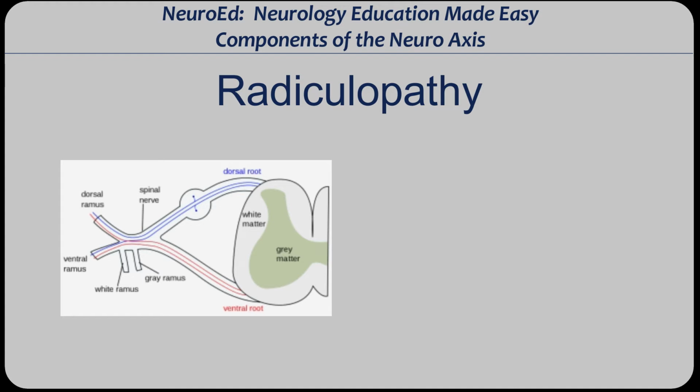Not one, but 4. You have right dorsal and ventral, and you have left dorsal and ventral. This is a concept that almost 100% of students don't appreciate until we go through this discussion. So please spend a moment, learn that anatomy, extremely important, and then let's continue onwards with radiculopathy, hallmark signs and symptoms.